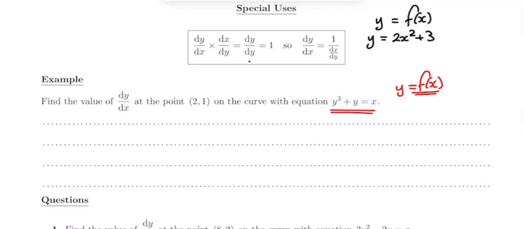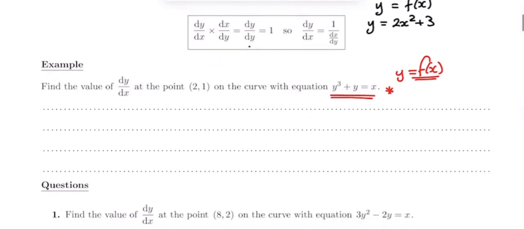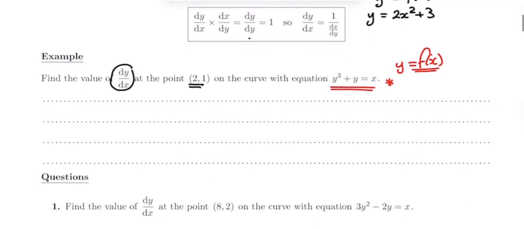So if you're given x equals a function of y, like this one here, instead of finding dy/dx, we can find dx/dy. Now, we still want the value of dy/dx at the point when x is 2 and y is 1.